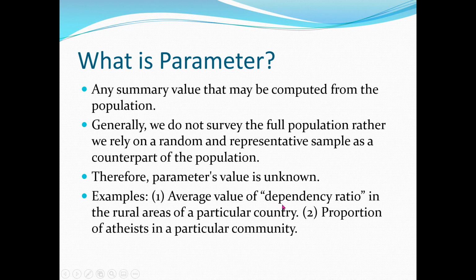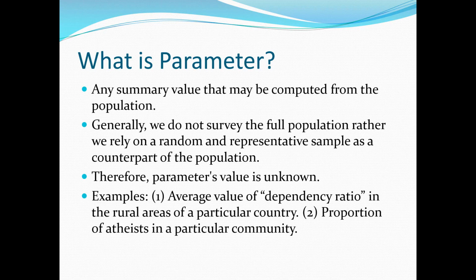Here you can see there are two examples of parameters. The first is the average value of dependency ratio in the rural areas of a particular country. We know that dependency ratio is simply the number of dependents in a family divided by the total family size.